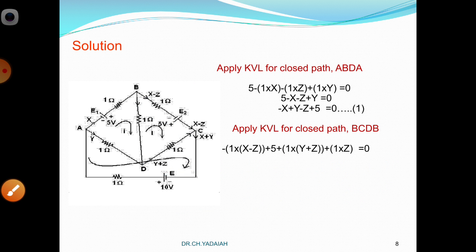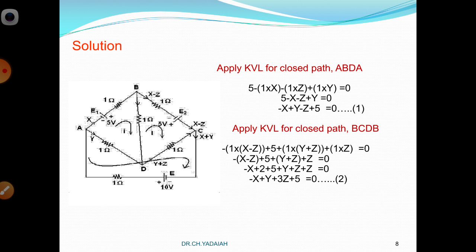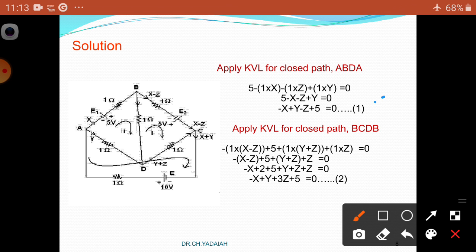So same thing I have written here. By simplifying this equation, minus x plus 2 plus 5 plus z plus... So simple equation: minus x plus y plus 3z plus 5 is equal to 0. From the first equation, this is the second equation.